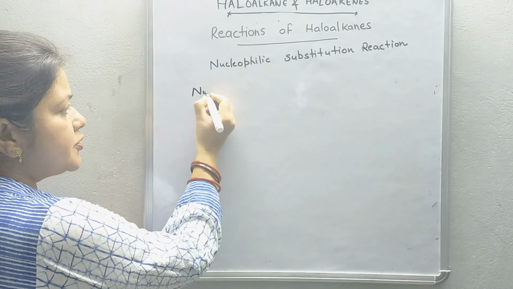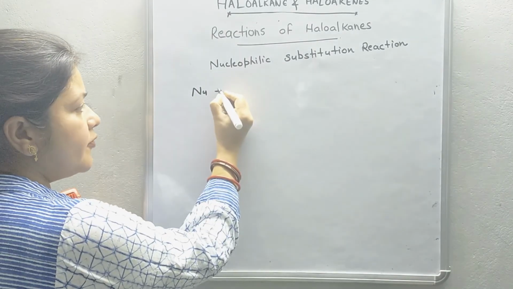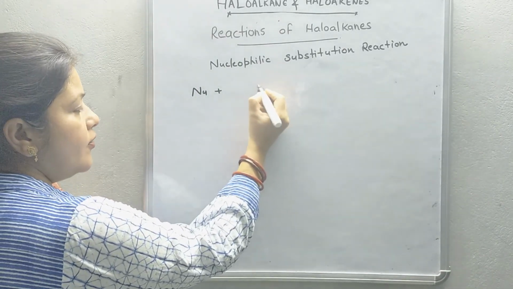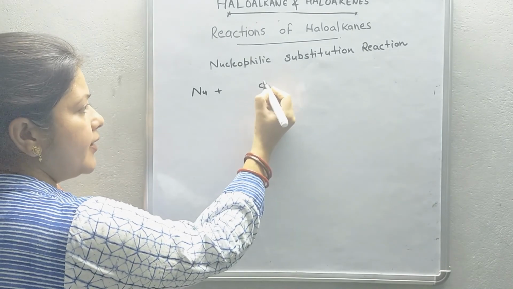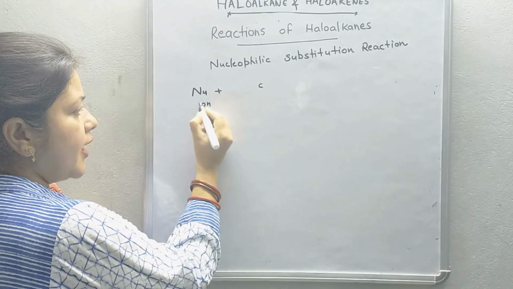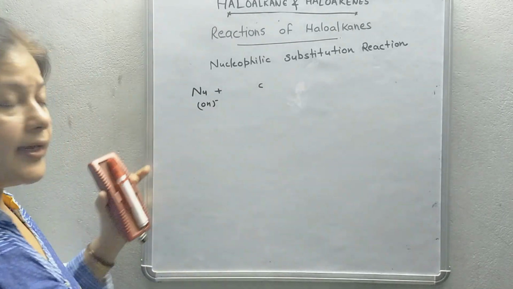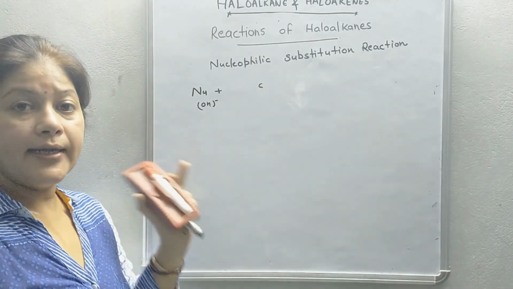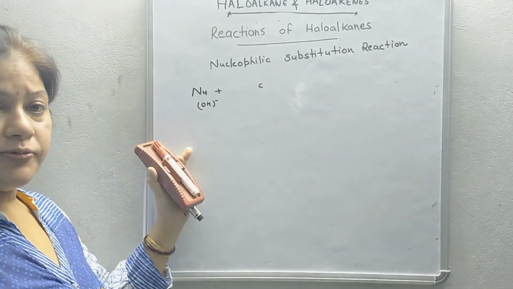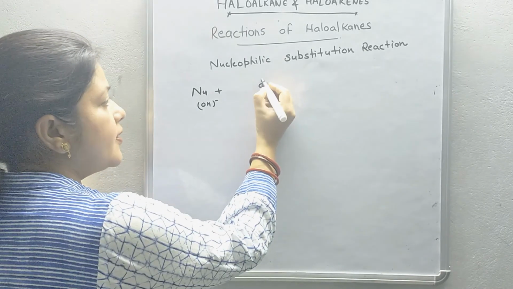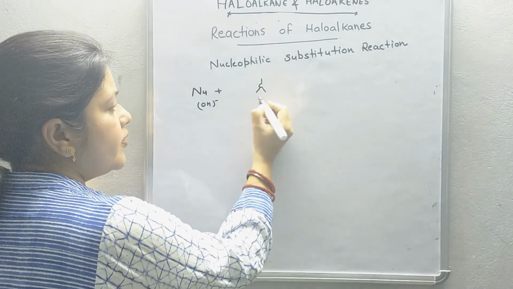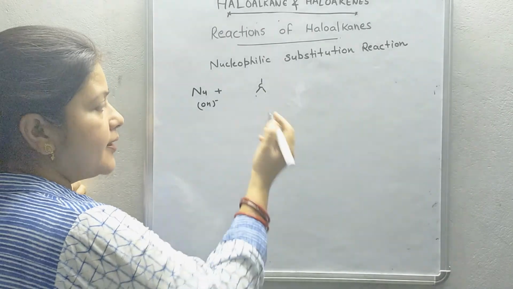Nucleophile species react with haloalkanes. It may be chloride, it may be hydroxide, or any negative or electron dense substance reacts with it. We just take the example of methyl chloride.